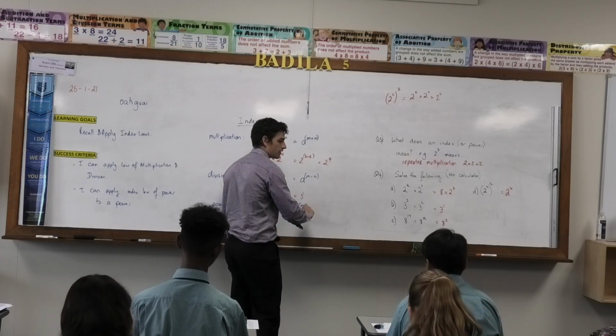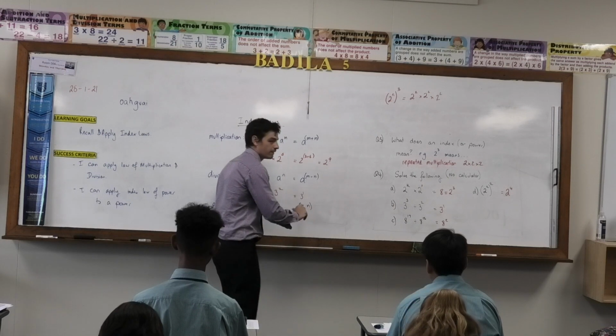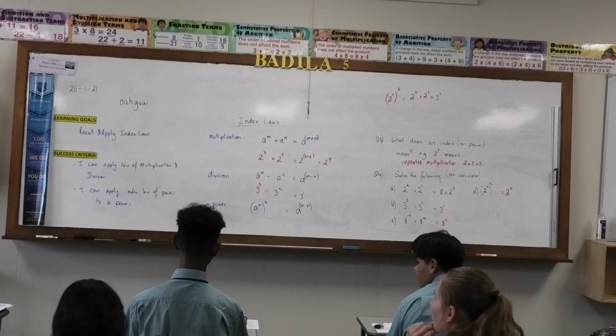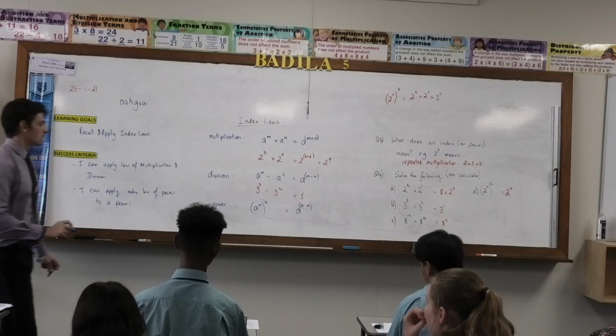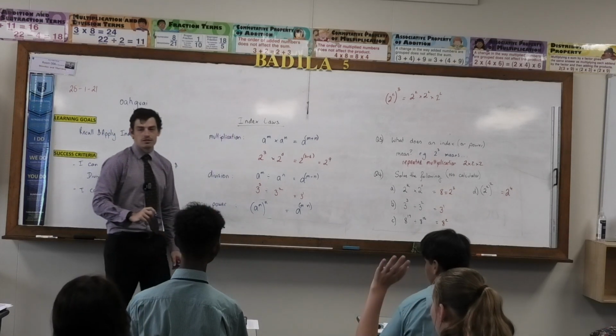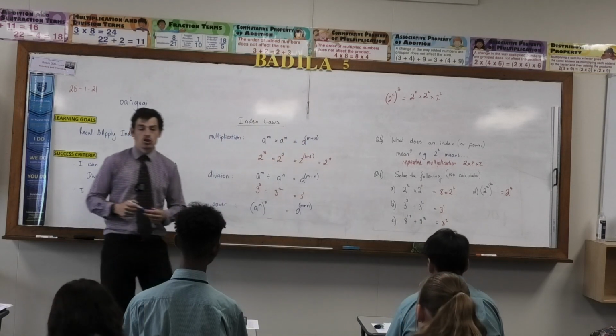What do you do at the end? Something n. What's the something? Who thinks it's plus? Minus? Divide? Times? Good. It is a to the power of m times n.